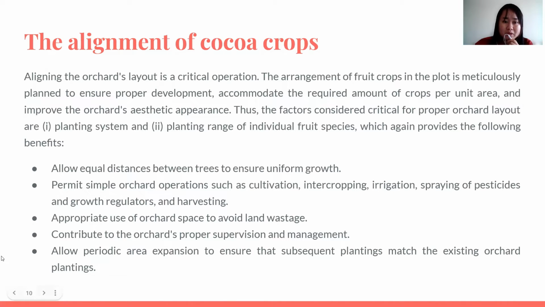It also allows appropriate use of orchard space in order to avoid land wastage. Another benefit is that it contributes to the orchard's proper supervision and management. And the last one is that it allows periodic area expansions to ensure that subsequent plantings match the existing orchard plantings.